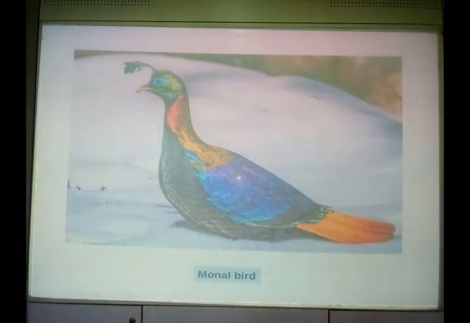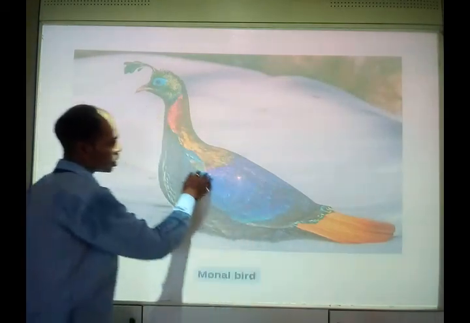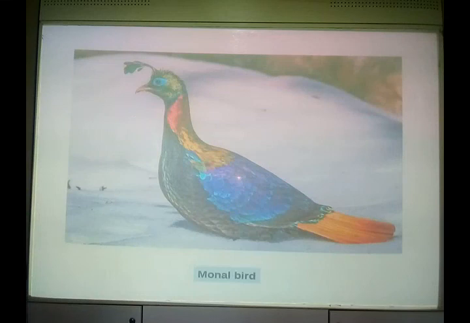We have seen that the peacock has a small crest in front of its head, and in the same way the monal bird also has one. Moreover, it is a very colorful bird: bluish, greenish, yellowish, reddish. Various species of these birds are there.